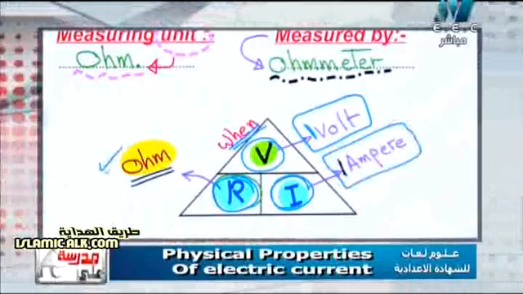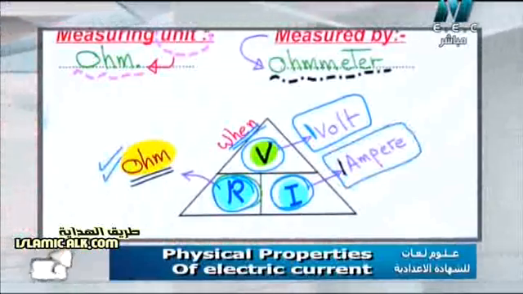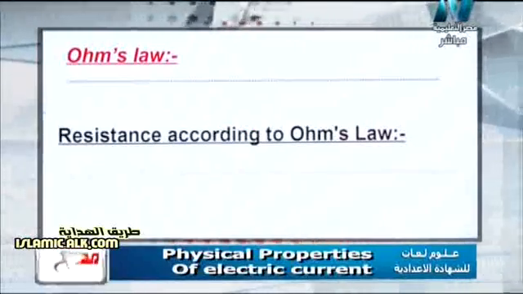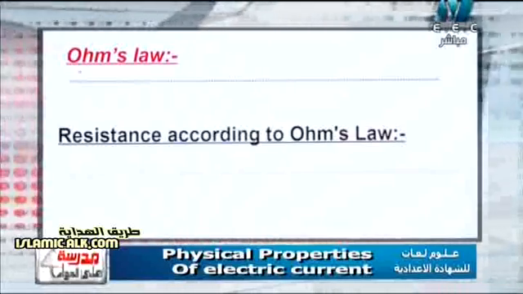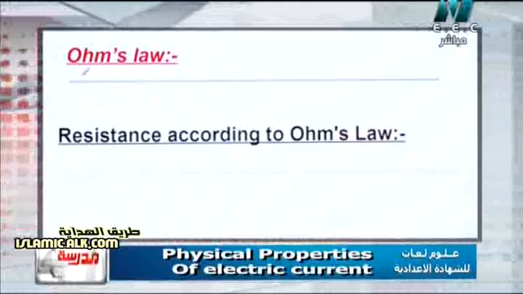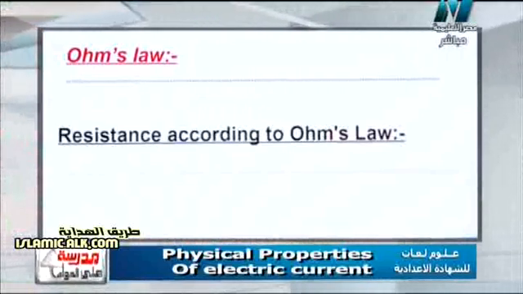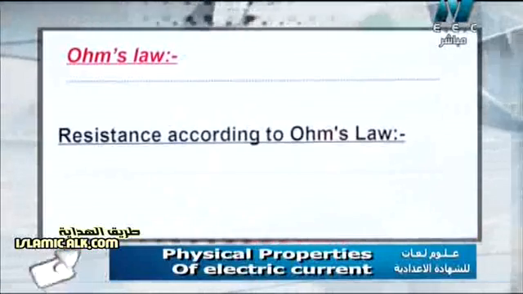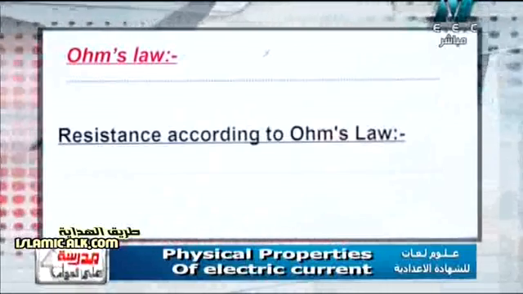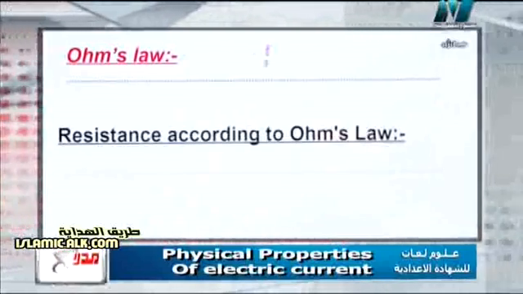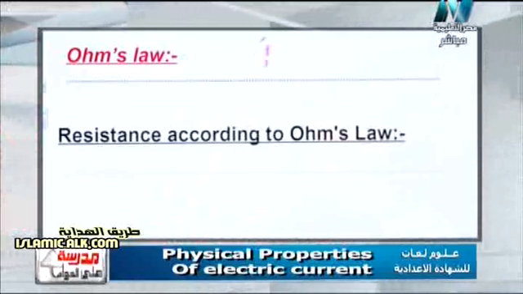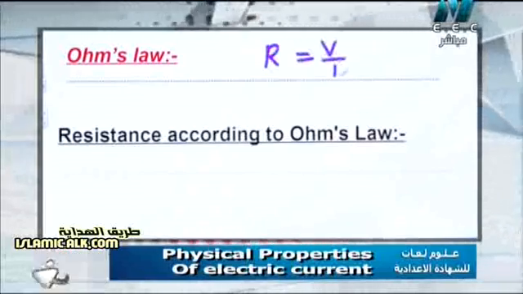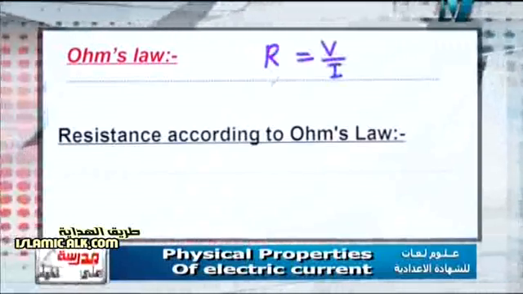Okay. The next point in this lesson is to know Ohm's law. That is why the measuring unit was named after Ohm. What does Ohm's law say? R equals V over I. So how can we define Ohm's law?